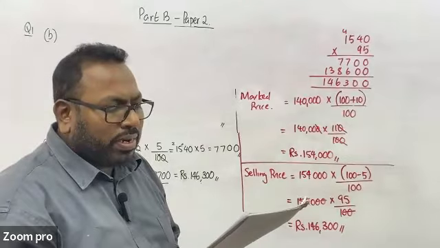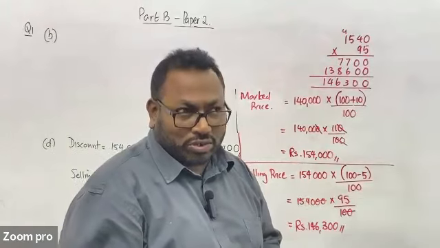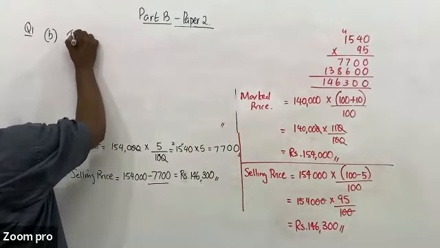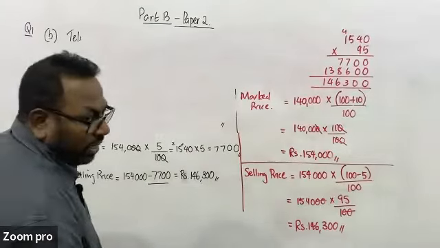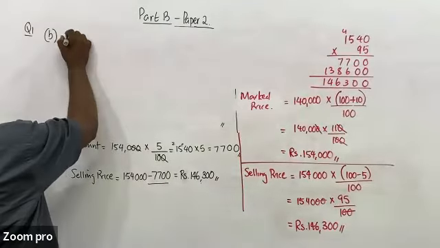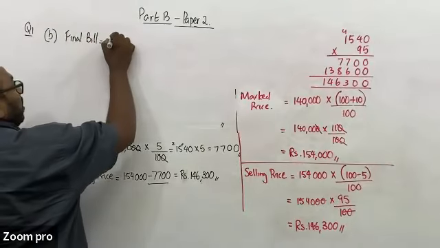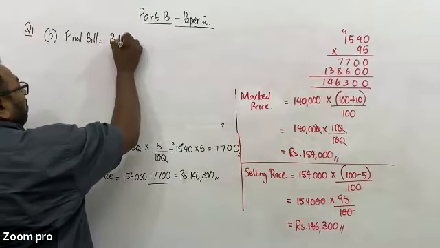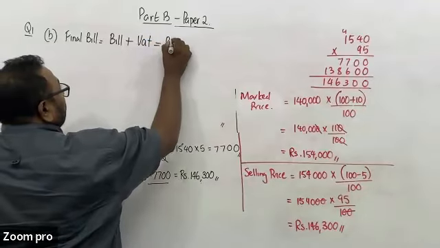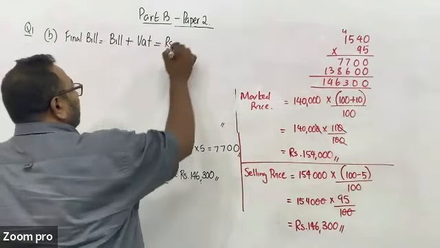The monthly telephone bill of a certain household after adding VAT was 1,120. So understand it carefully. Telephone bill, we'll say the final bill. Final bill is equal to bill plus your VAT is equal to rupees how much? 1,120.